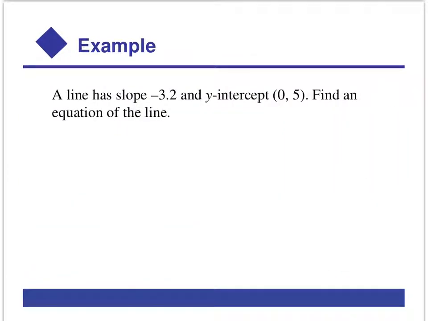The next problem we have is given a line that has a slope of negative 3.2 and a y-intercept of 0.5. This is to find the equation of a line. Well, because they gave us most of our information, all we have to do is just substitute in. For slope-intercept form, it is this formula right here.